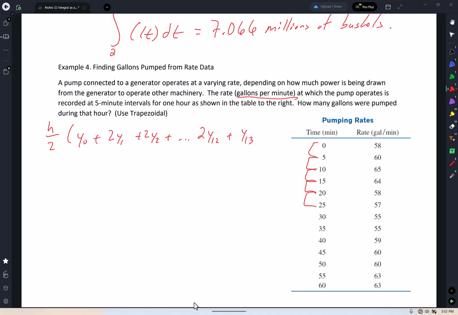Actually, I'm just going to put the general formula, so I can't count sometimes: 2y(n minus 1) plus yn, where yn is the last one. You don't have to do it like that. n minus 1 is the second to the last one, and then the last one is yn.